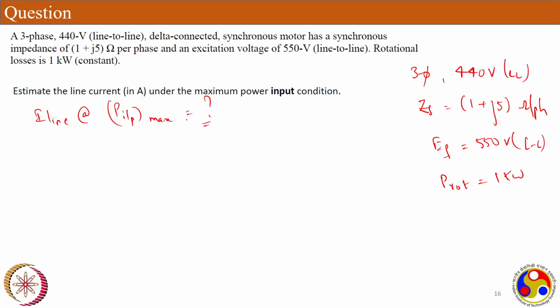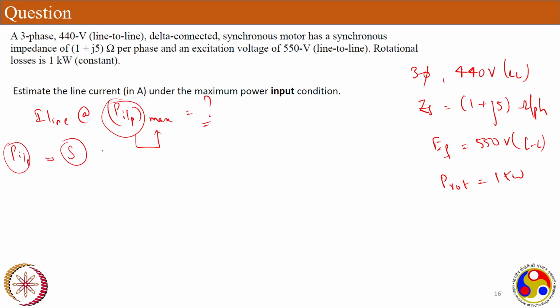So for that, what do we need first? First we need to calculate the input power, then maximize that input power, and then at that condition find the current. To get the input power, let's get the apparent power first.